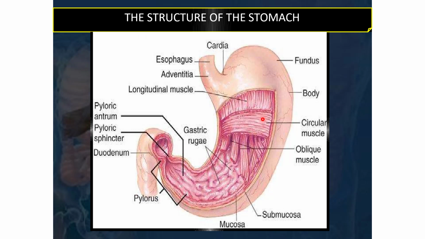Whenever there is churning, the intra-stomach pressure increases, and because of this increased intra-cavity pressure of the stomach, some food could have regurgitated into the esophagus, and some undigested, unchurned food could have passed into the duodenum.